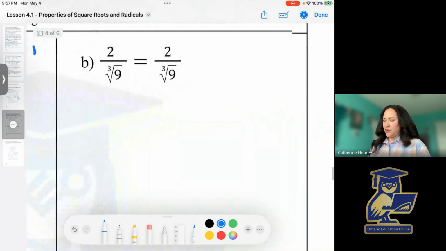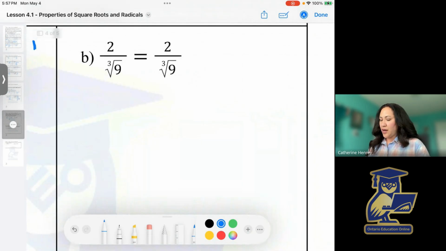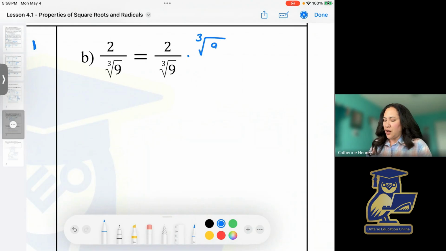Let's take a look at a different example. So we have 2 divided by the cube root of 9. We rationalize the denominator by multiplying the denominator over the denominator. So the cube root of 9 over the cube root of 9.